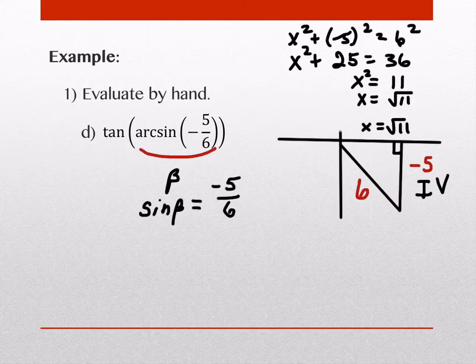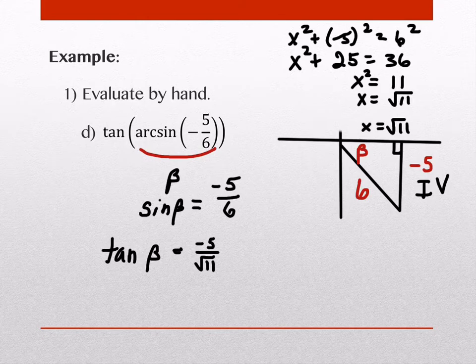And now I'm finding the tangent of beta. Oh, I didn't mark beta in my triangle. I should do that. Here's beta. It's always the central angle at the origin. All right, so the tangent value is what in terms of my triangle? Yeah, opposite, which is -5, over adjacent, which is the square root of 11.